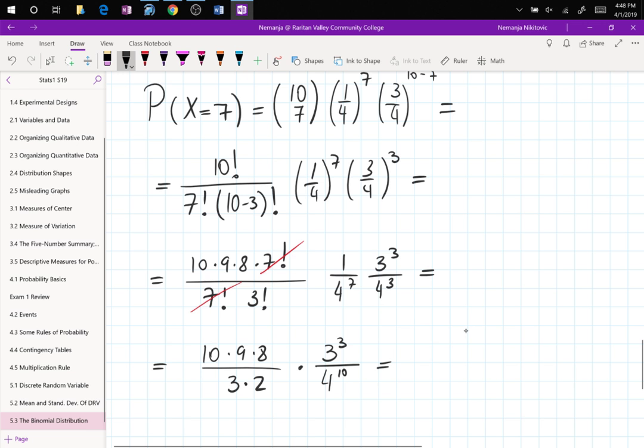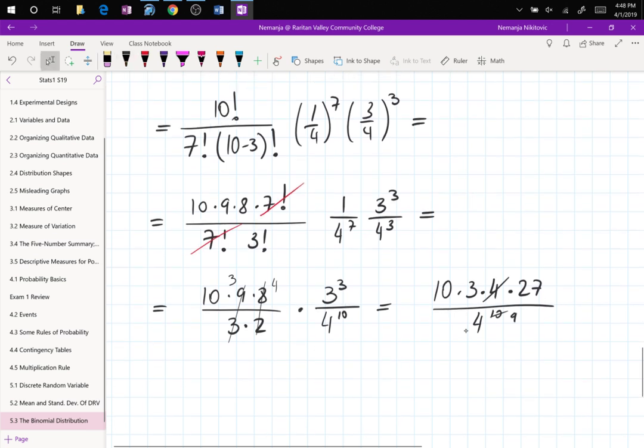So 3 will cancel 9, I will get a 3, and 8 will cancel 2, I will have a 4 there. So now I have 10 times 3 times 4 times 27, divided by 4 to the 10th power. I can cancel the 4 and get a 9th power there. That's as much as I can.